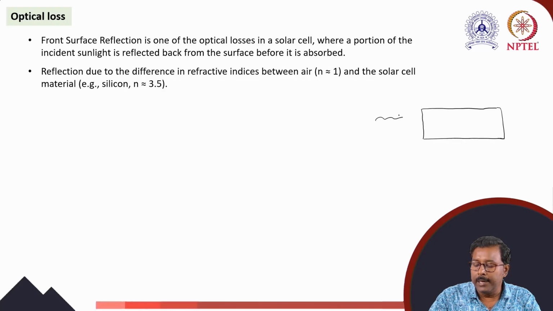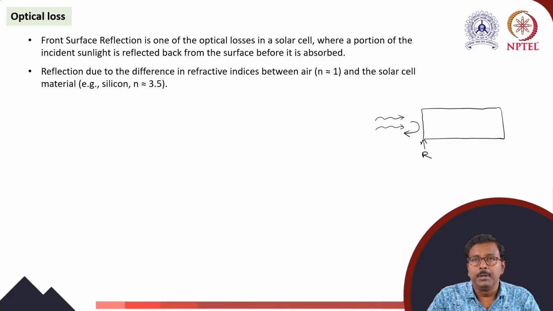So the incident light h nu, if the front surface reflectivity is R, some portion will be reflected back and the entering part will be 1 minus R times the intensity of the light.